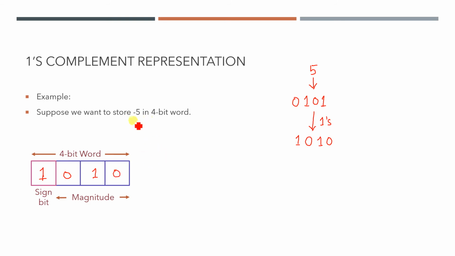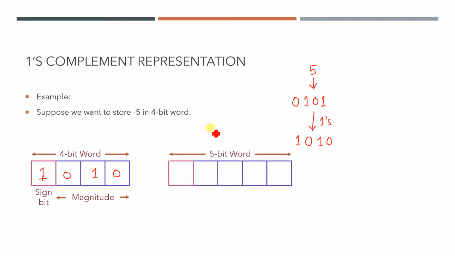Okay, so now if I want to represent minus 5 in 5-bit word where the first bit represents sign bit and the remaining bit represents magnitude, how will I do that? I will do the same procedure. I have to convert the positive 5 into its binary equivalent, that will be 101, and as I am going to represent this value in this 5-bit word, I will make it 5-bit. How to make it 5-bit? I will put 2 zeros in the left side to make it 5-bit. Now the next step is I have to find out its ones complement.